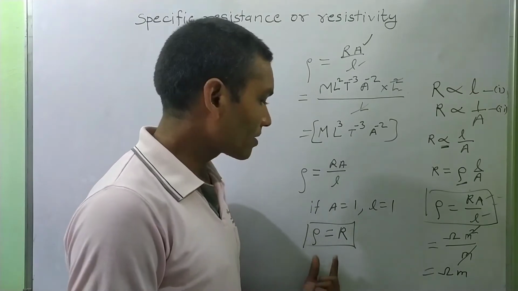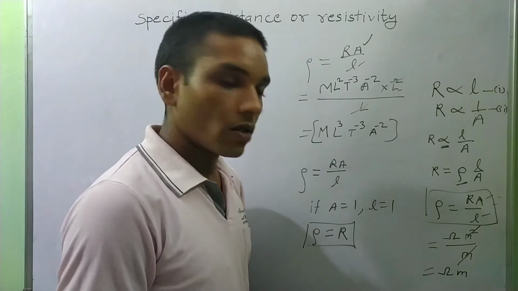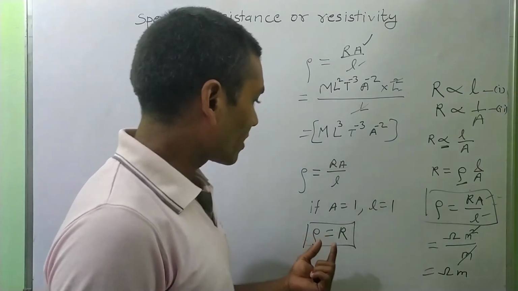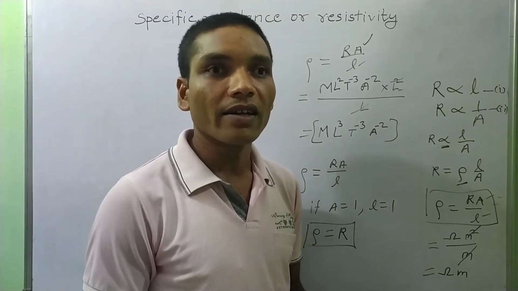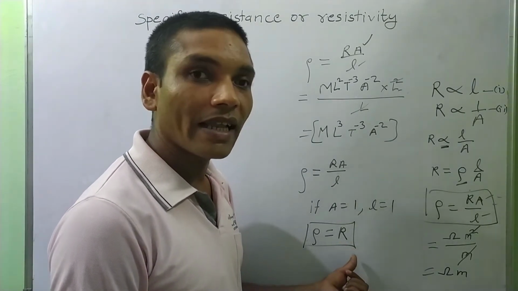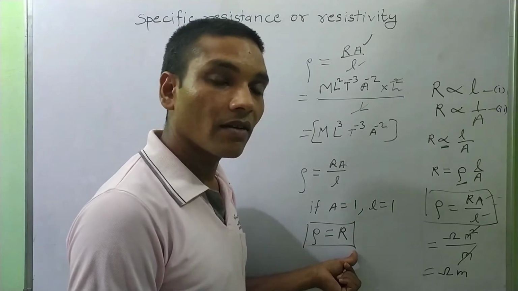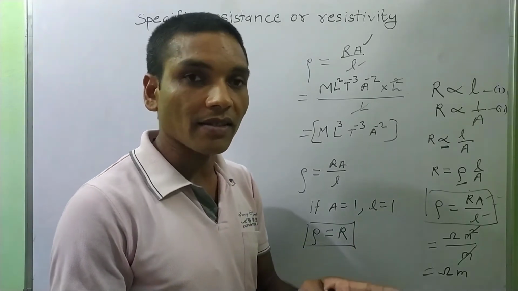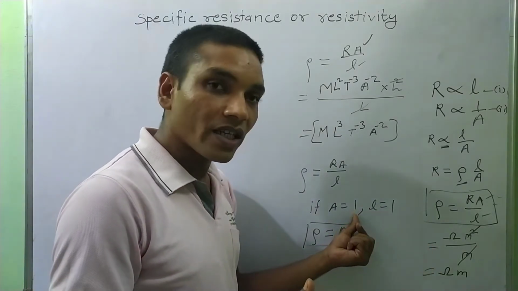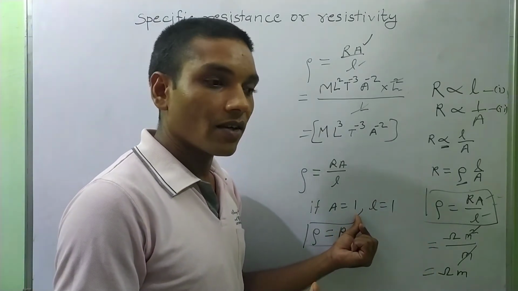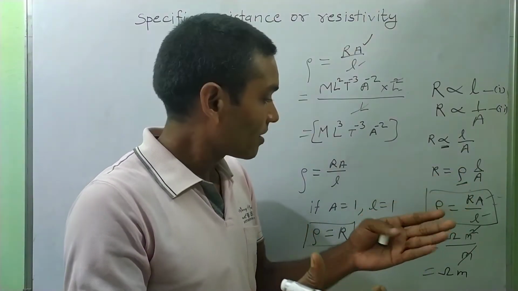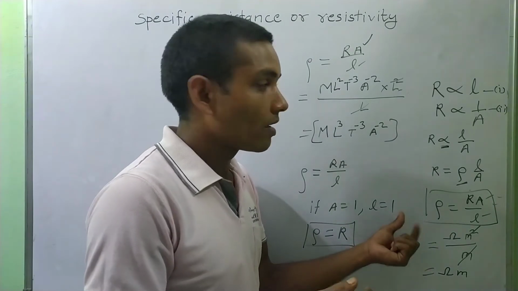So what is the difference between them? We can define that the resistivity of any conductor is numerically equal to the resistance of that conductor whose faces, whose cross-sectional areas are unit, and the distance between the cross-sectional areas is unit.